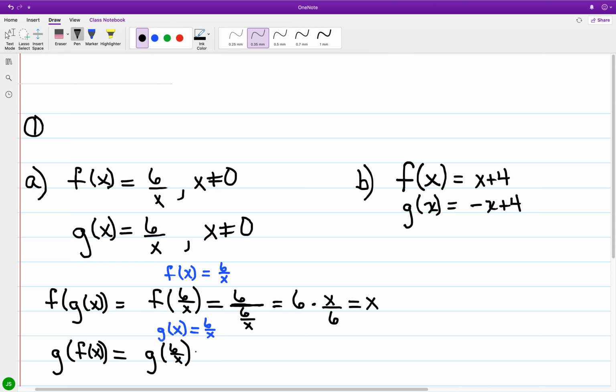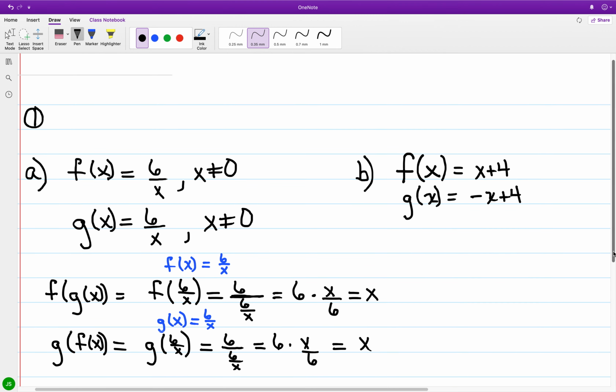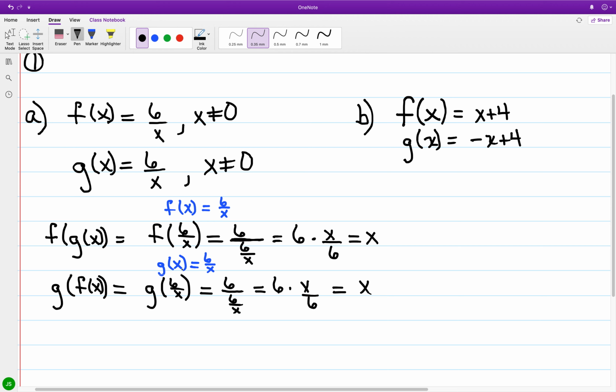We're going to have now, with the input at 6 over x, the same bit of history to repeat, so you have 6 all over 6 over x. And this turns out to be the same problem all over again. So you have x, and since the compositions both end up being x, it's going to follow that f and g are inverses of each other in part A.